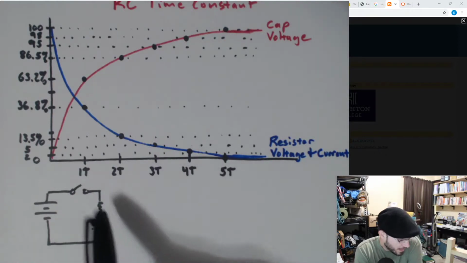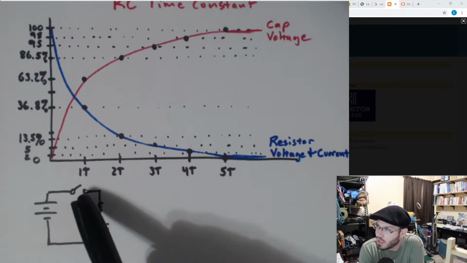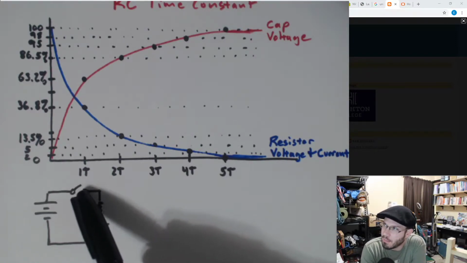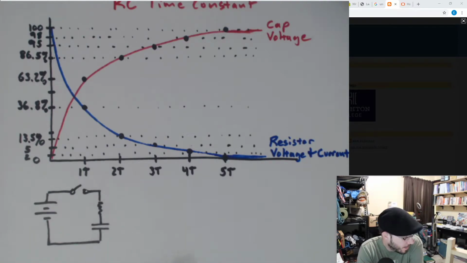Let's say that at time 0 this switch is going to be closed, but it's not initially. And so we have no charge developed on this capacitor.